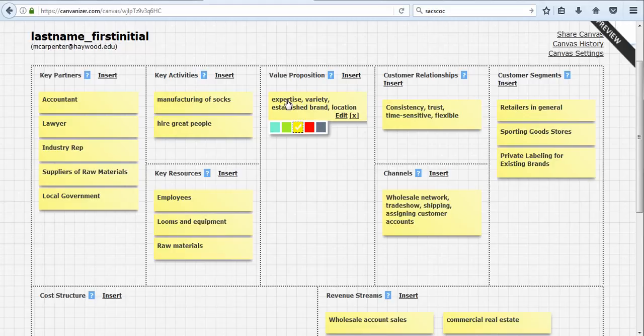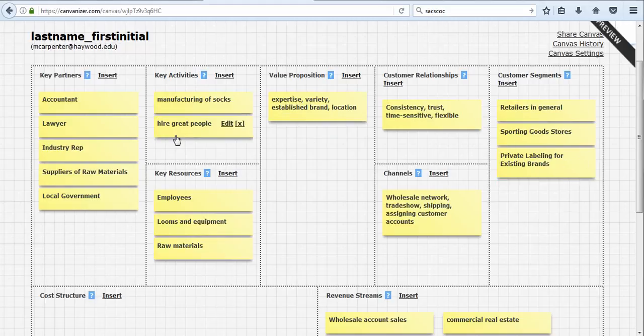Excuse me, that was an email coming in. I've yet to figure out how to turn that off. But if I don't hire great people and have an HR department that takes good care of the employees we do have, we know our employees are a key resource, but we have to go through the activity of taking good care of our people so that we can deliver the value of expertise to our customers.